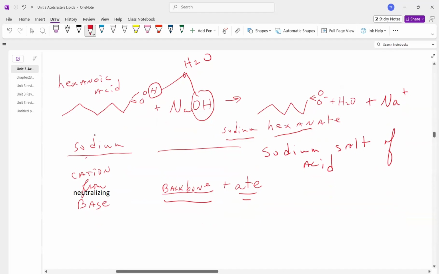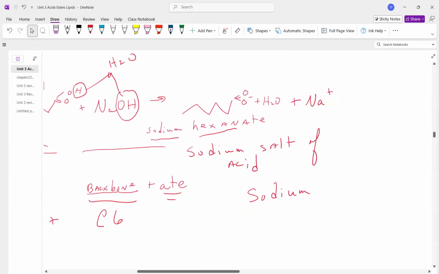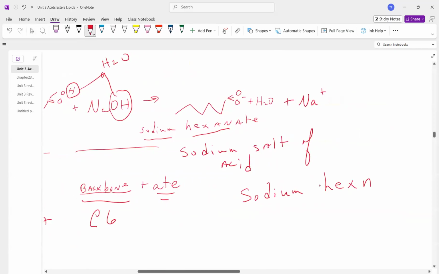So here's the backbone, 6 carbons. Base. We add those together, we make sodium hexanate.